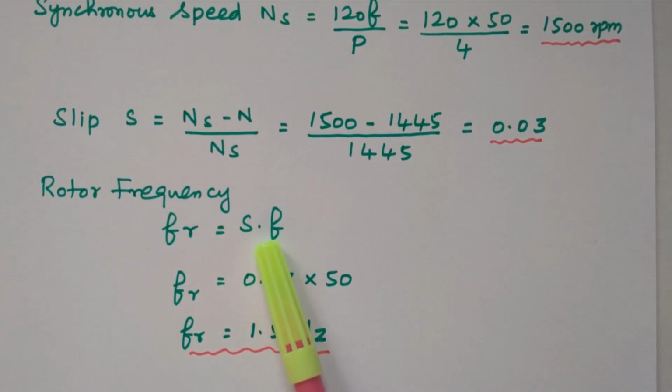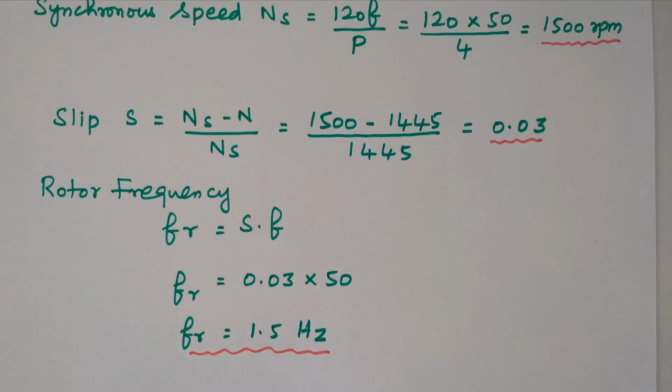By using S into F we will get the frequency of the rotor. So Fr equal to S into F. S is 0.03, just now calculated, and the frequency is 50 Hz. By simplifying this we got 1.5 Hz. The frequency of the rotor under running condition is 1.5 Hz.